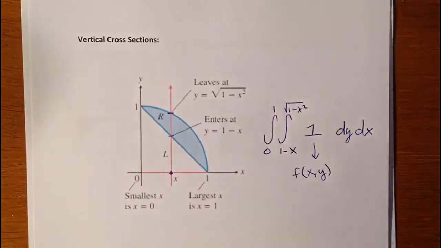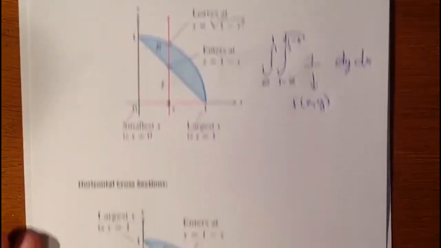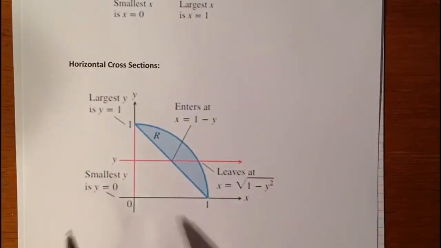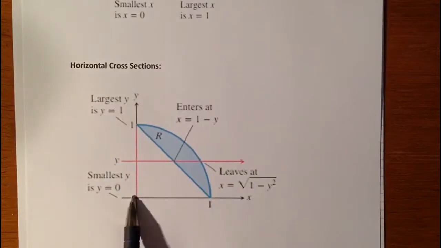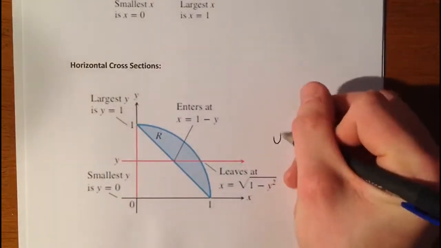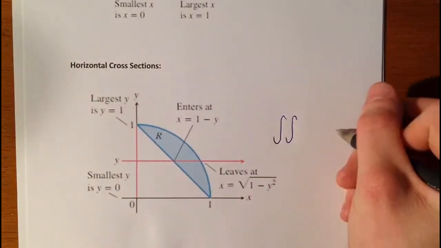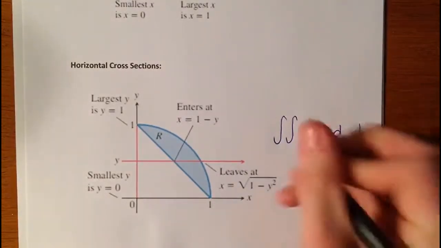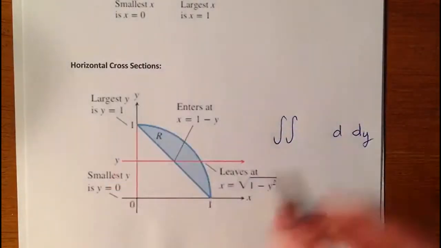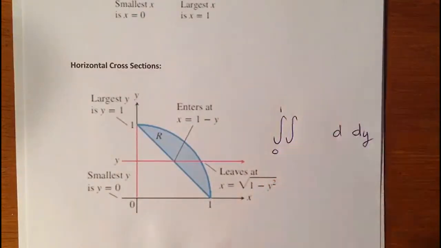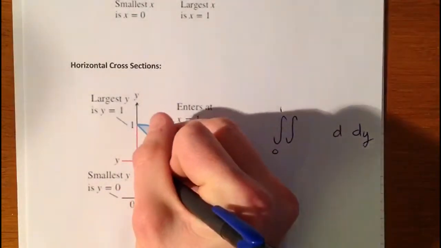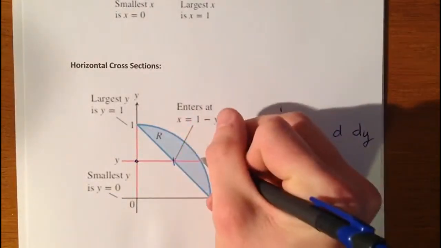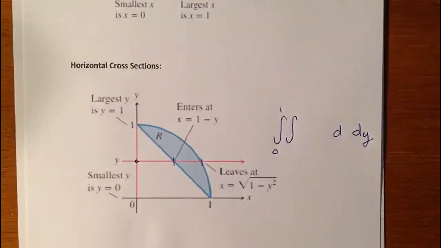But you can also compute this region with horizontal cross sections. And then you take a certain interval on the y-axis. So then you get the dy at the end, and you take the interval 0 to 1. And then you take a certain point on your interval, and you are going to see where it enters your region and where it leaves your region.